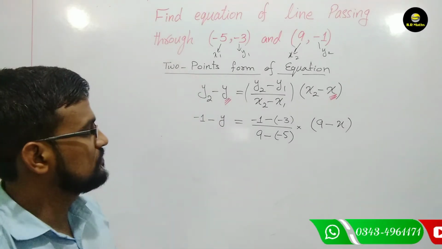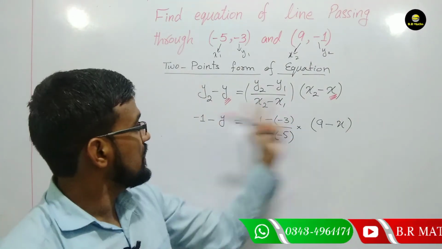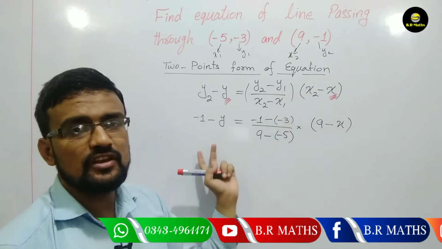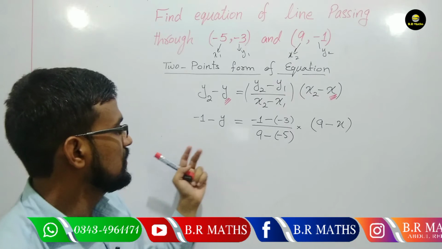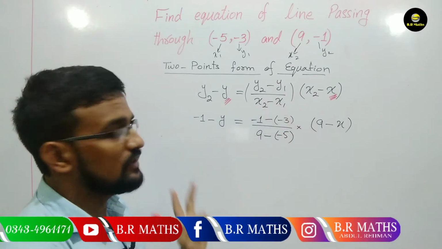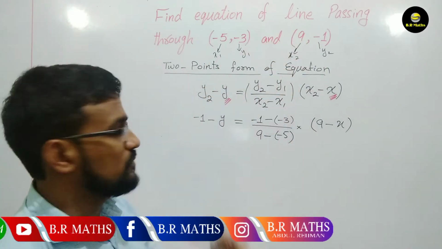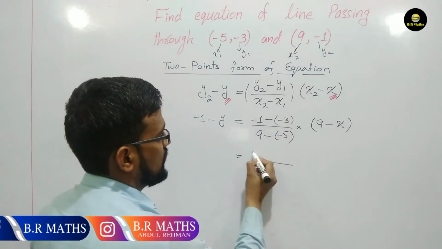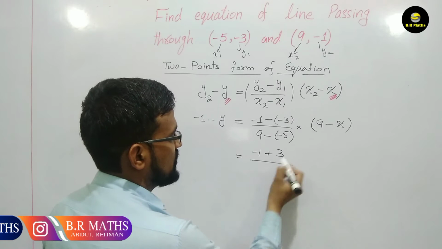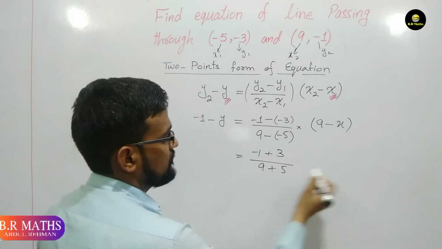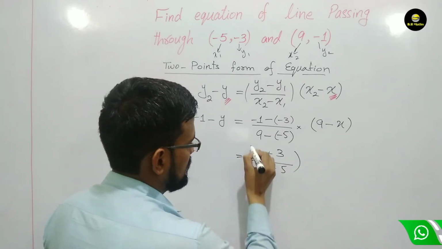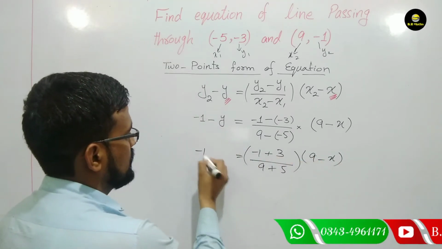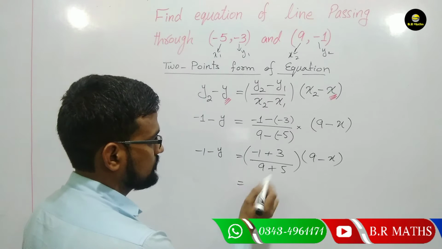This x and y stay the same, because these are the 2 variables of our required equation, and the others are values of point 1 and point 2. So calculate: minus 1 minus minus 3 becomes plus 3, 9 plus 5, 9 minus x, and here minus 1 minus y.